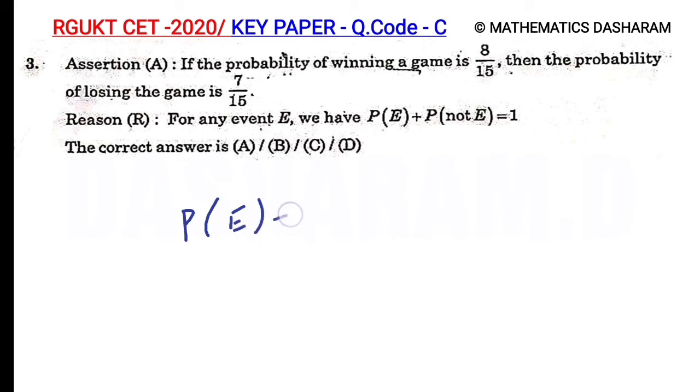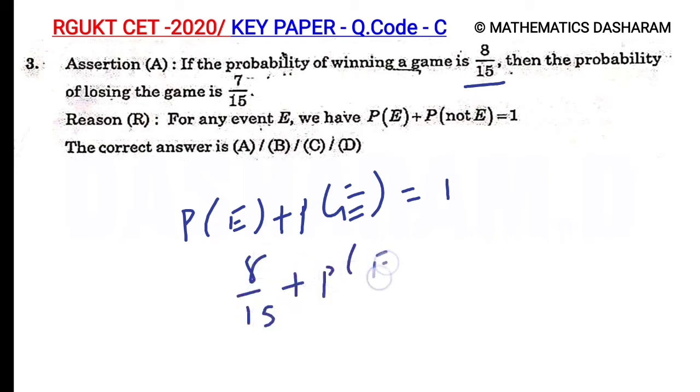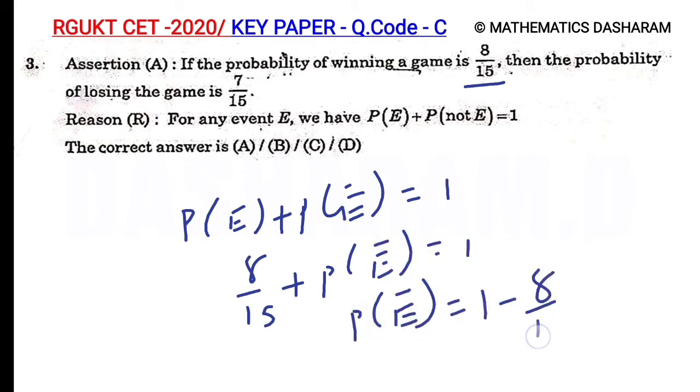So, P of E plus P of E dash equals 1. Here the winning of the game is 8 by 15. So, 8 by 15 plus P of E dash equals 1. So, P of E dash equals 1 minus 8 by 15, which will become 7 by 15.